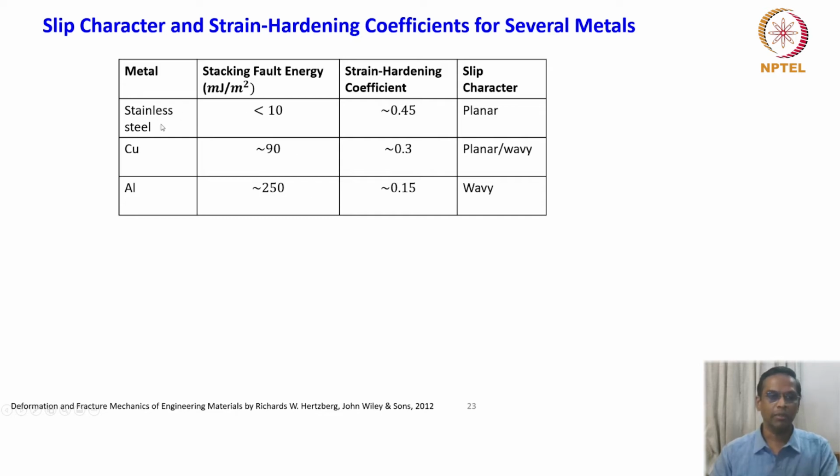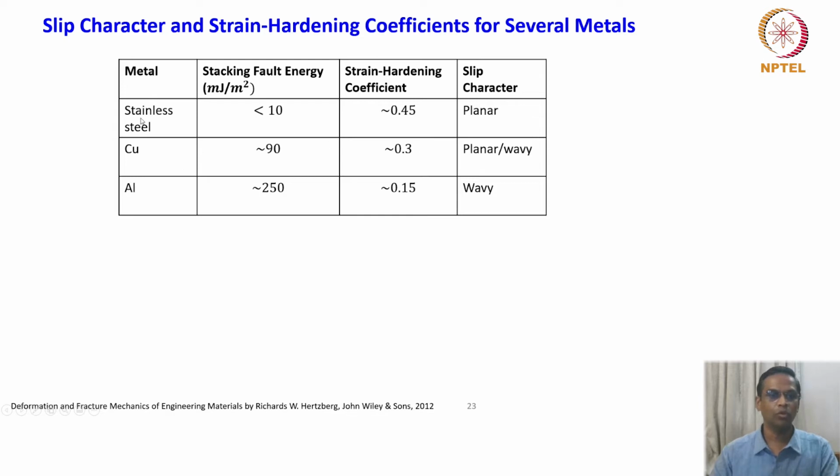The stainless steel typically, which is having the stacking fault energy less than 10 millijoules per meter square, has got a strain hardening coefficient of 0.45, and the slip character is named as planar. We will try to see what it is.